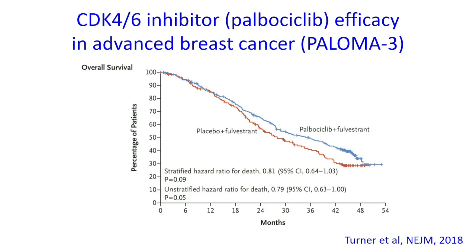And as was shown earlier, I've picked out the Paloma-3 data, but there has been this evidence that palbociclib, ribociclib, and abemaciclib have benefit alongside endocrine therapy in advanced breast cancer, and also now more so in the adjuvant setting.